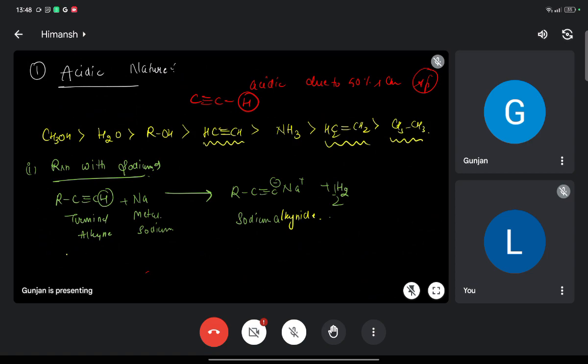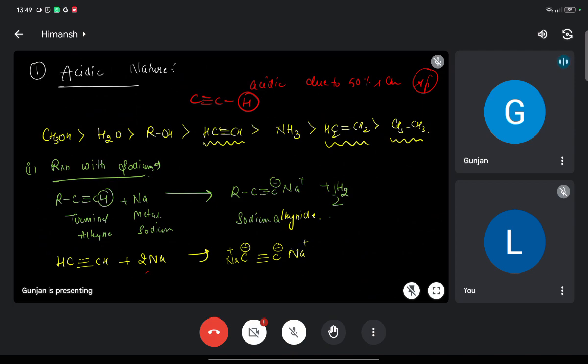If you treat this with two sodium ions, more hydrogen will be eliminated.